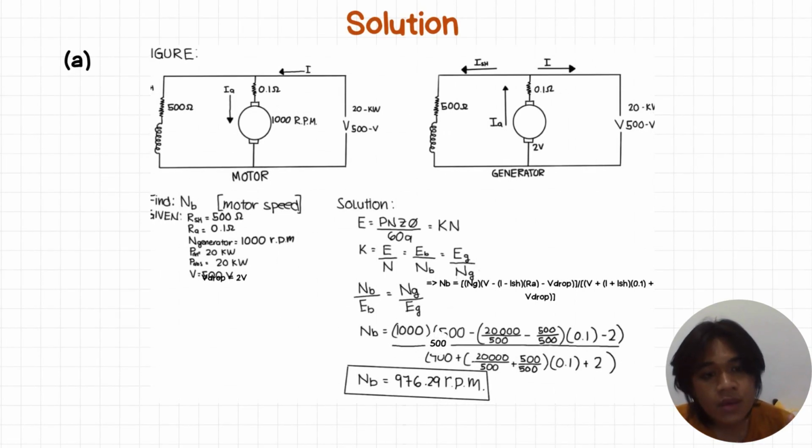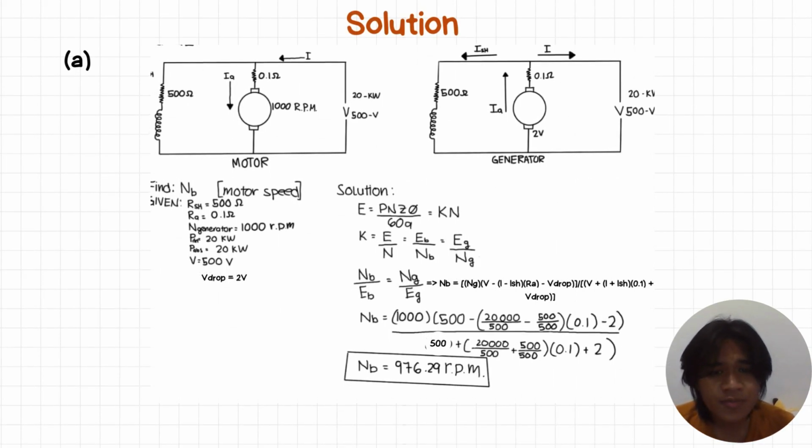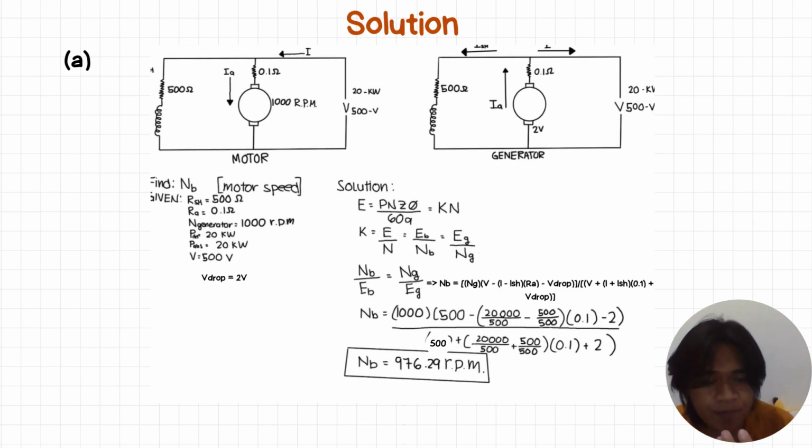As we can see, the problem is pretty similar to the first problem, and it actually helps us understand the difference between the motor and the generator. Applying what we have learned, we can see that the switching of the outputs affects the values of the parameters.